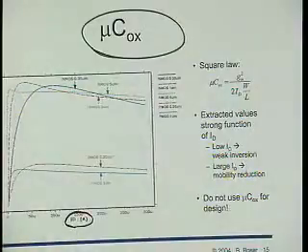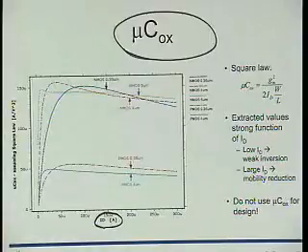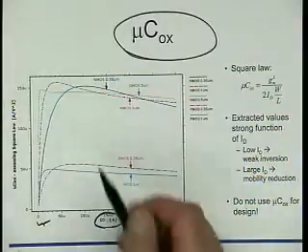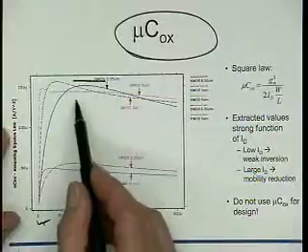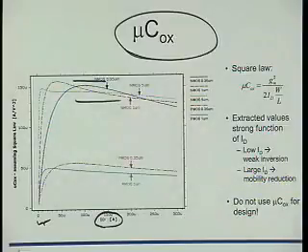This is by simulation, and it shows the effective value of mu Cox as a function of ID. Even if we forget about these very small IDs that correspond to weak inversion, we see that there is quite a variation. It depends on the channel length, it depends on the ID of the transistor, and so suddenly there's sort of 10% variation.